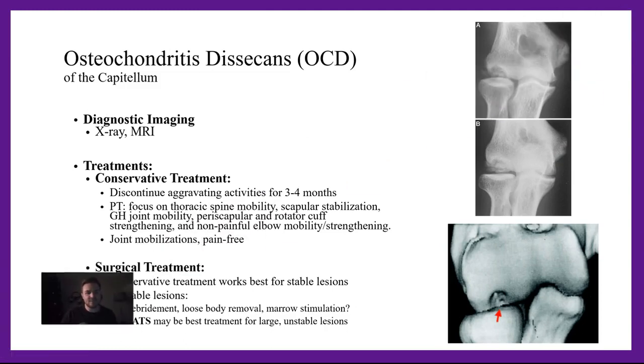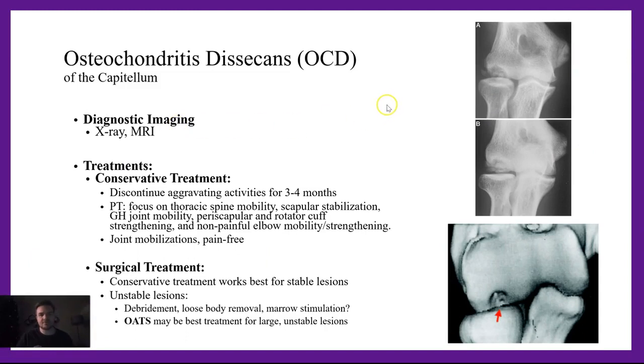If we take a look at the pictures on the right, you can see that there's a defect in the capitulum or capitellum, whatever you want to call it, of the humerus, and this is pre-op and post-op. Then you have a similar picture here. This is a 3D CT scan which shows the defect better.